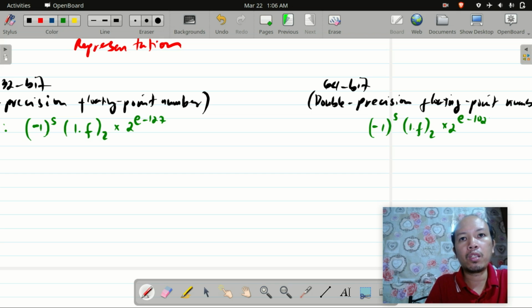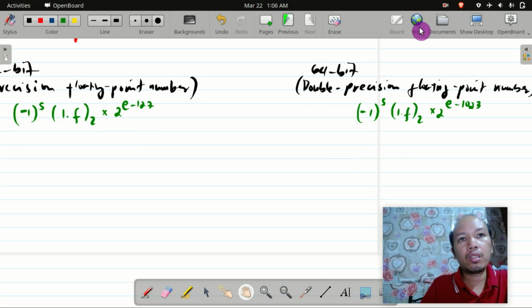Just look at the difference. When you are using the 64-bit operating system, this is much bigger than this one here.